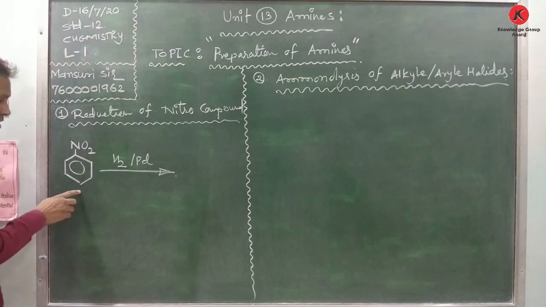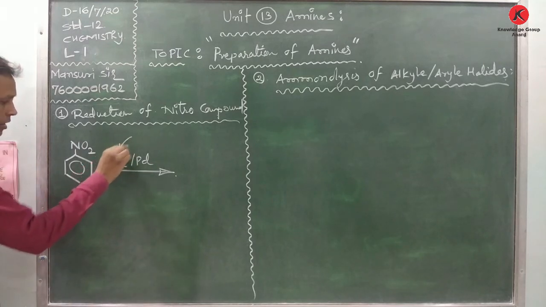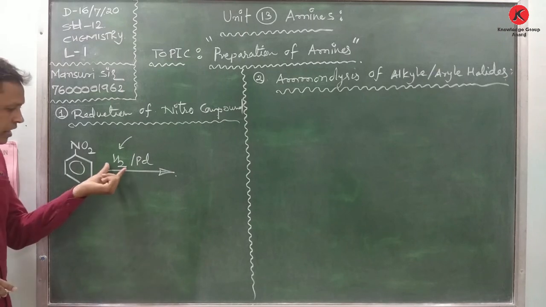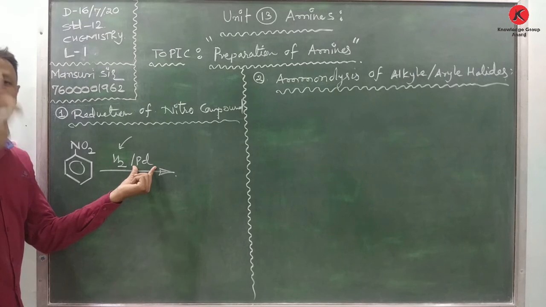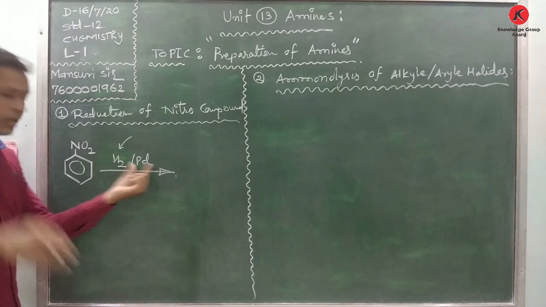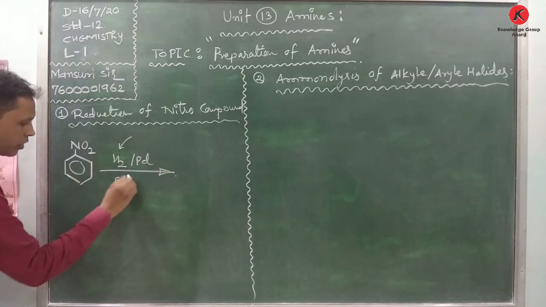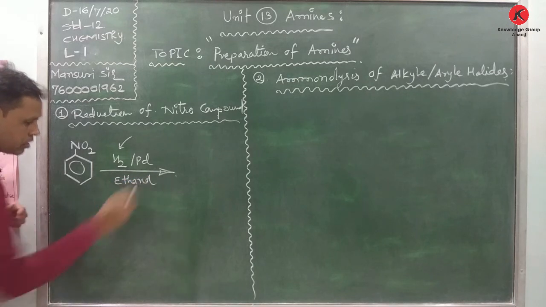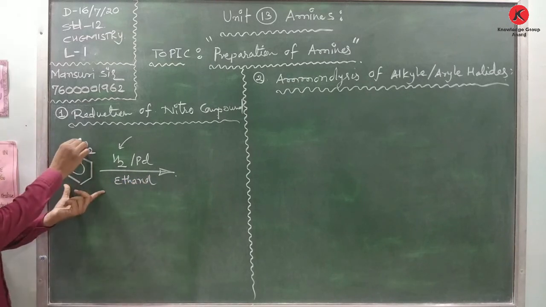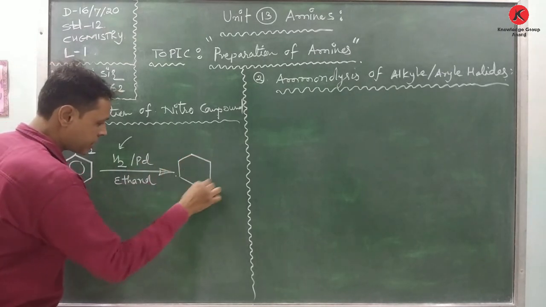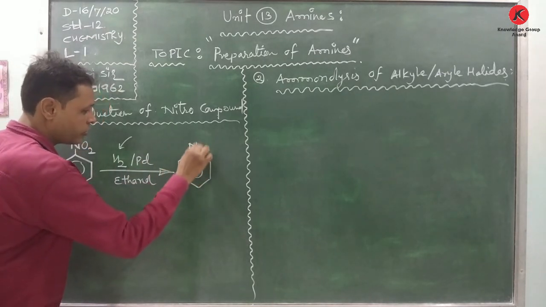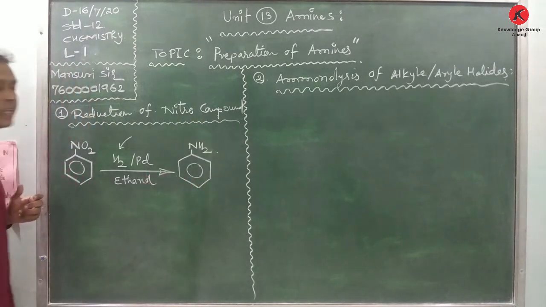Whenever nitrobenzene gets reduced by passing hydrogen in presence of nickel, platinum or palladium metal and in presence of ethanol, then nitro compounds are reduced and make amine. So we can obtain aniline.